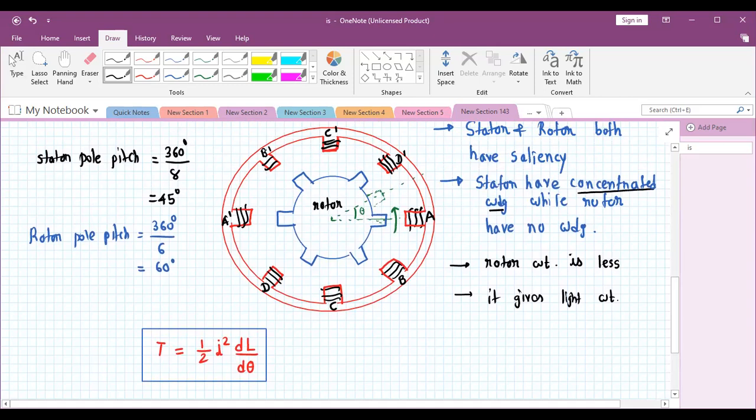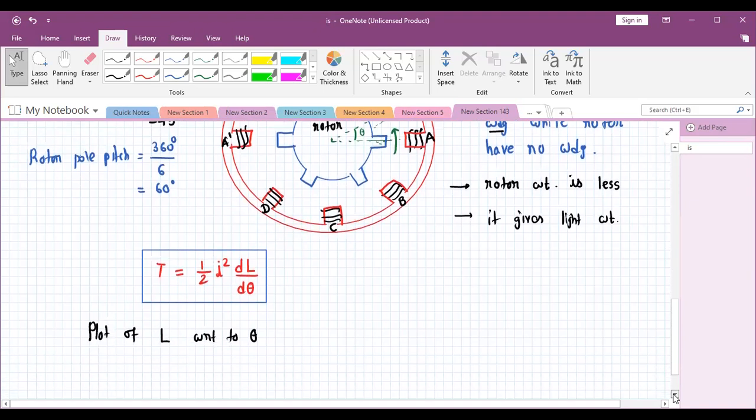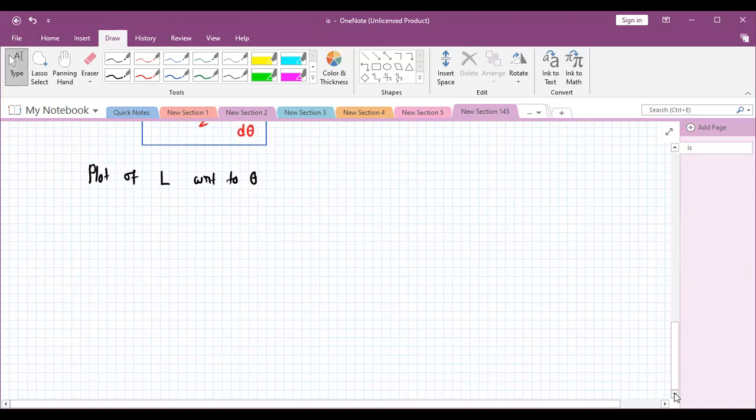Whatever the number of teeth, whatever the number of stators, either you can say pole pitch or tooth pitch. We can say 45 degree. Now, just a second, I will draw.